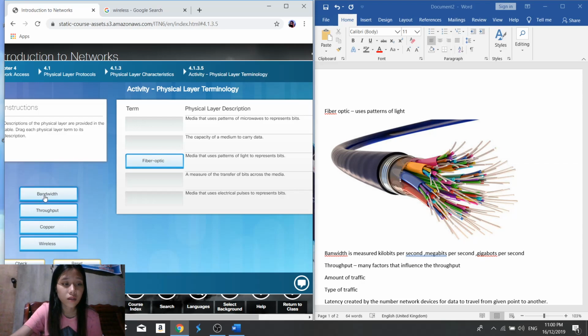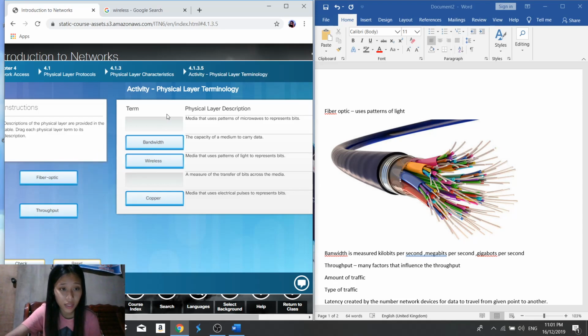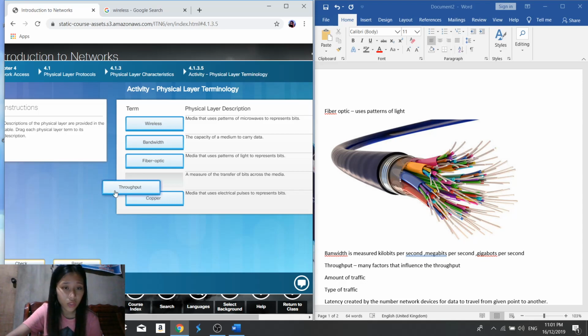For the copper, it is electrical pulses. The bandwidth is the capacity of a medium to carry data. And for the wireless, the media uses patterns of microwaves to represent bits, and throughput is the transfer of bits across the media.